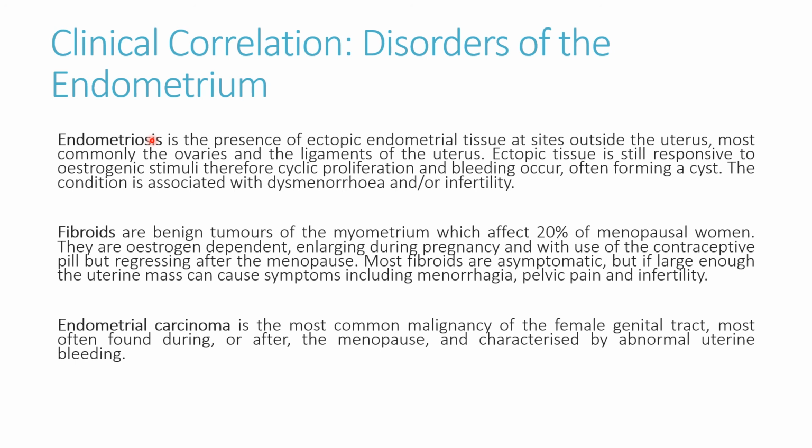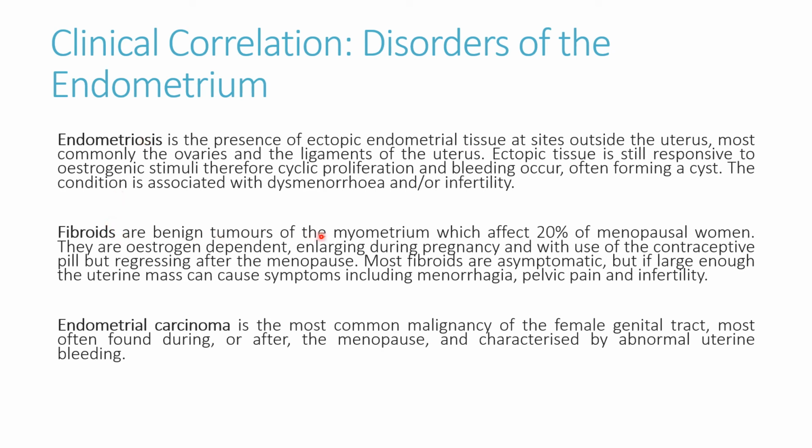When it is present at any site other than uterine cavity, it is called endometriosis. The presence of any tissue other than its normal position is called ectopic. So when the endometrium is present other than the uterine cavity, that is called endometriosis.